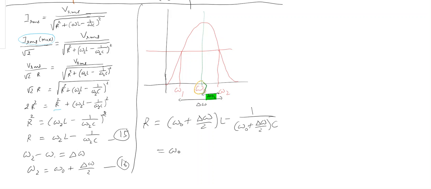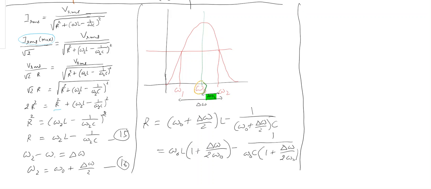So omega 0, if I take common, I'll have 1 plus delta omega by 2 omega 0 minus 1 upon omega 0 C times 1 plus delta omega by 2 omega 0. Now let me use the expression for omega 0.